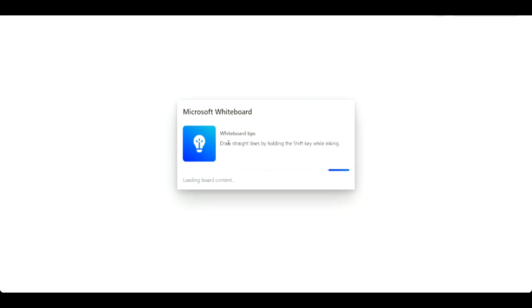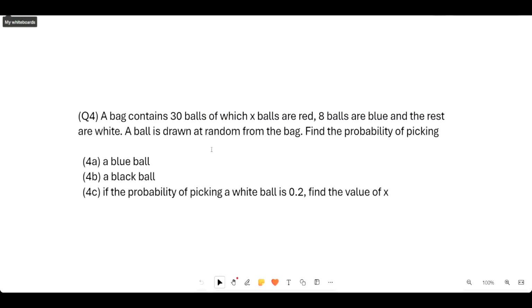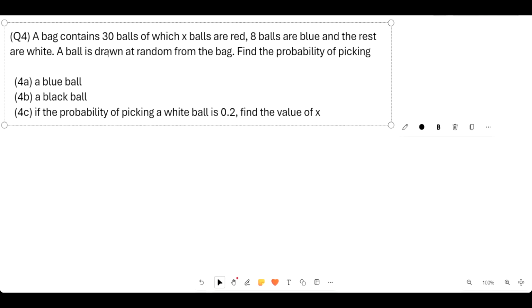Okay, let's go to question 4 now, the last question. A bag contains 30 balls, of which X balls are red, 8 balls are blue, and the rest are white. So we don't know how many balls are red and how many are white, but we know 8 are blue. A ball is drawn at random from the bag. Find the probability of picking a blue ball.